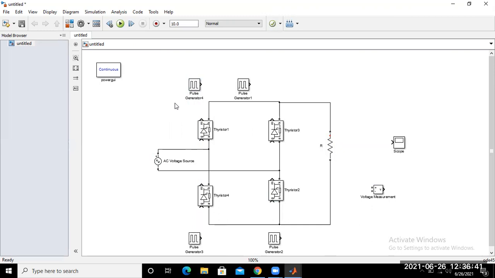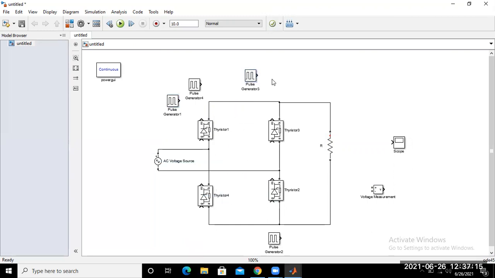Now pulse generators 1, 2, 3, and 4 apply the pulse given to the respective thyristors. That means 1, 2, 3, and 4. So just place each pulse generator near to that thyristor. Okay. So this is your first pulse generator. So place it here near thyristor 1. And this is your pulse generator 4. Okay. This is your thyristor number 3. So pulse generator 3 is here at this point.